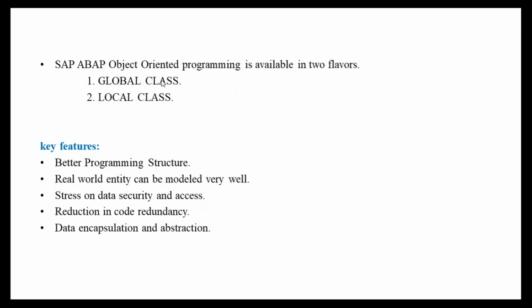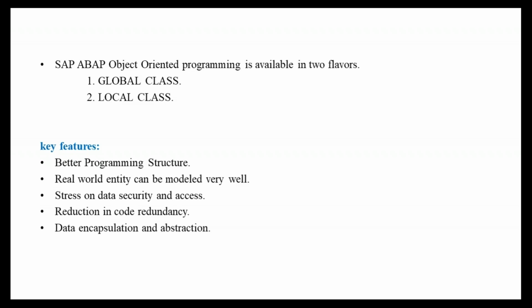Now, first and foremost, the simple thing you need to understand right now is that we will have a class and we'll make use of that class. We'll write some code in the class that we have to use in our program. That's the main concept here. Just like we had function modules, where we wrote some logic and then made use of it in our program, it is the same thing here.